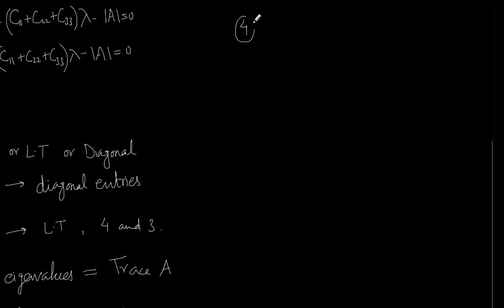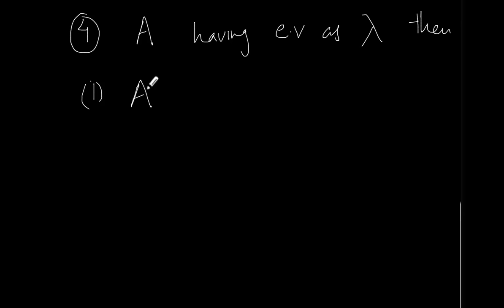Now the next property regarding the eigenvalues: suppose you have any square matrix A having eigenvalue lambda, then A to the power m has eigenvalue lambda to the power m, where m is any positive integer.